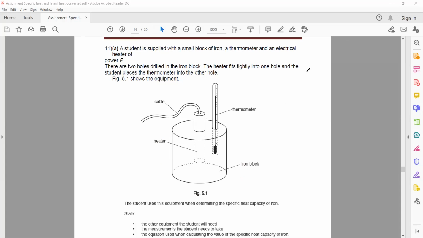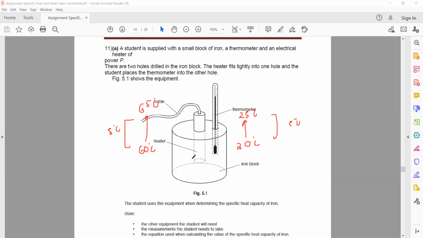a low temperature. For example, if I raise the temperature of a block from 20 degrees to 25 degrees, that's a 5-degree change. If the block was originally at 60 and I changed its temperature from 60 to 65, even though both have the same temperature change, this will be more inaccurate.